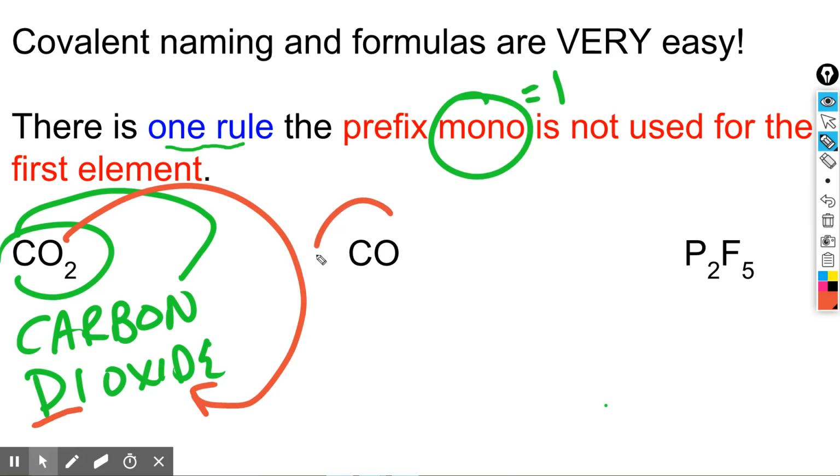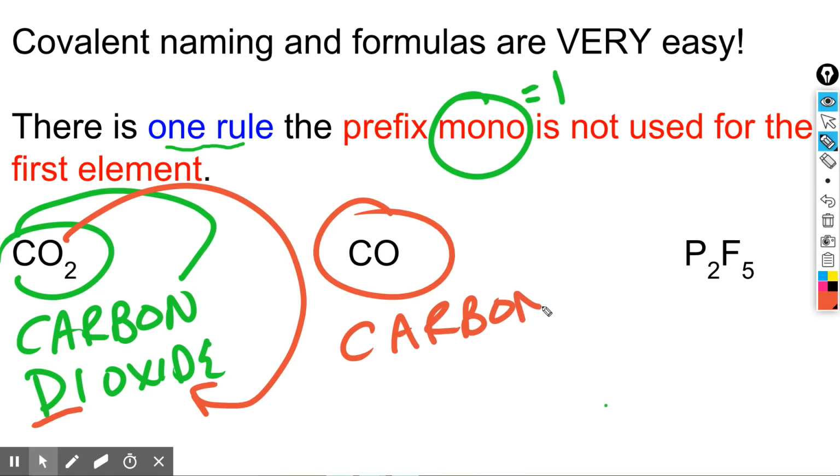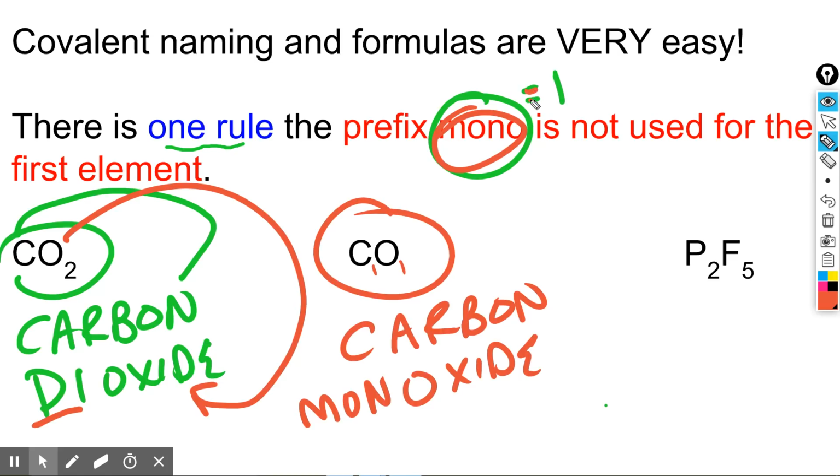For example, in this one, this would be carbon oxide. How many oxides do we have? Remember, if it's not written, there's a 1 at the bottom of each one of these. So this is carbon monoxide. The prefix mono, again, equals 1.